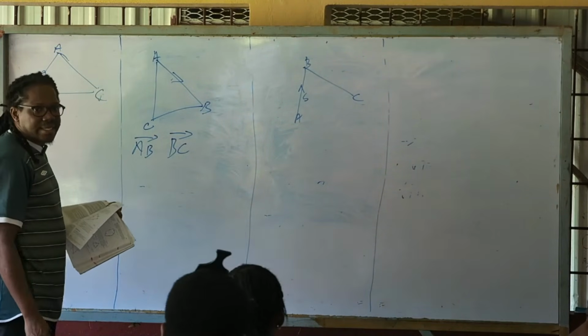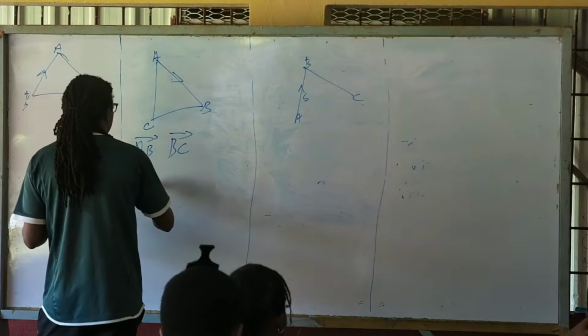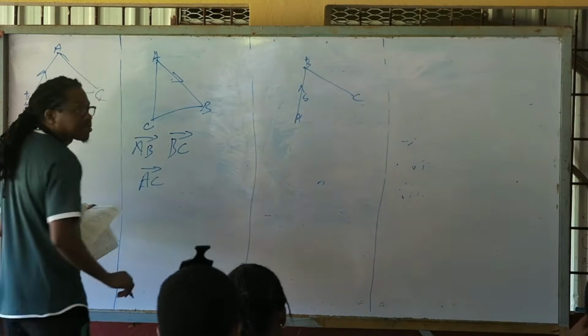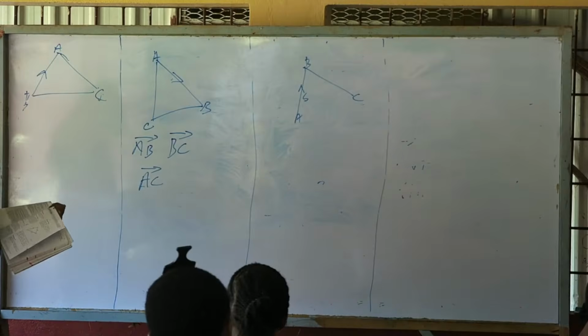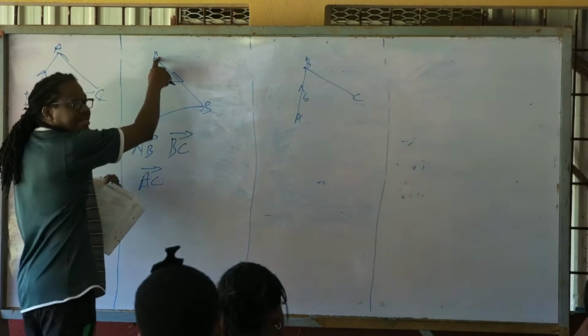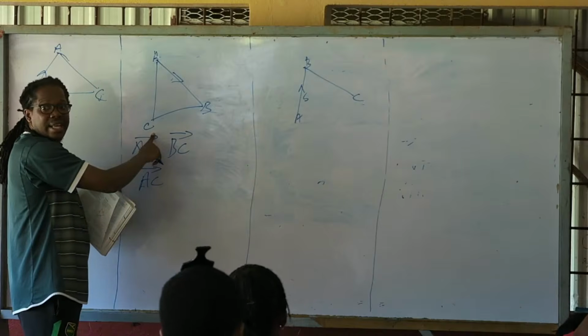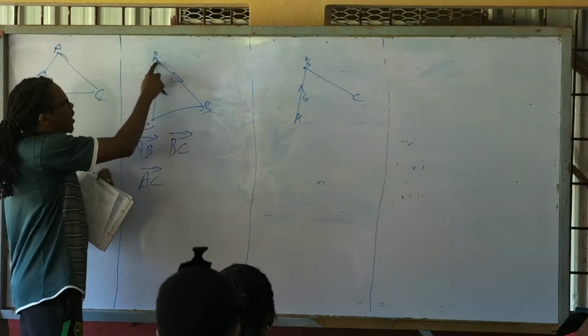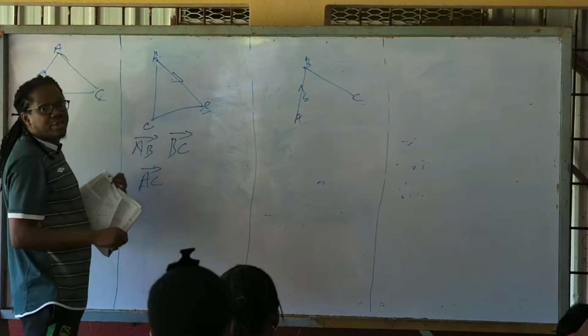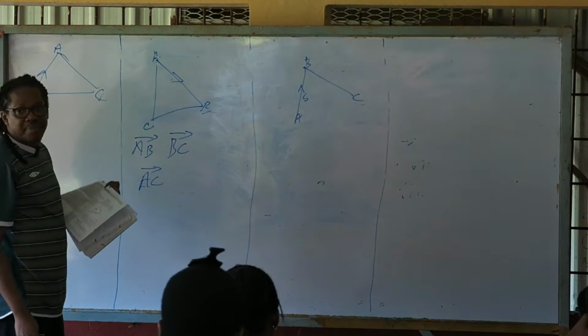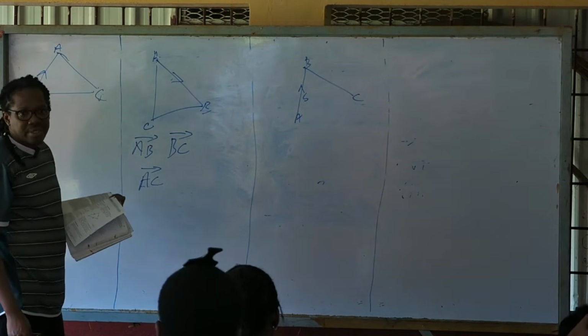In essence, the result is A to C, because he started at A and ended at C. Are you understanding that? So move A to B and then B to C. What is the result? His start point and his end point, from A to C.